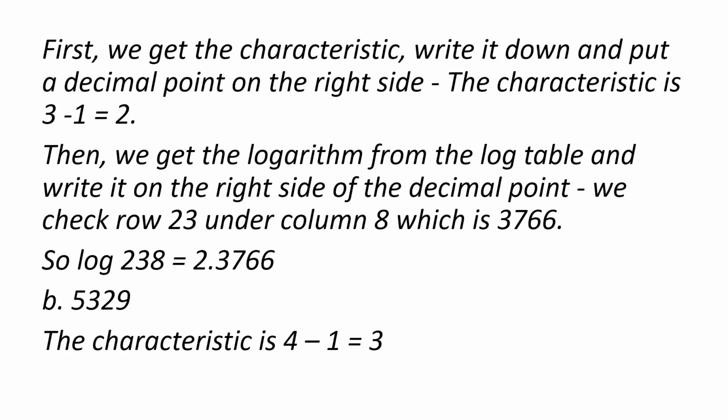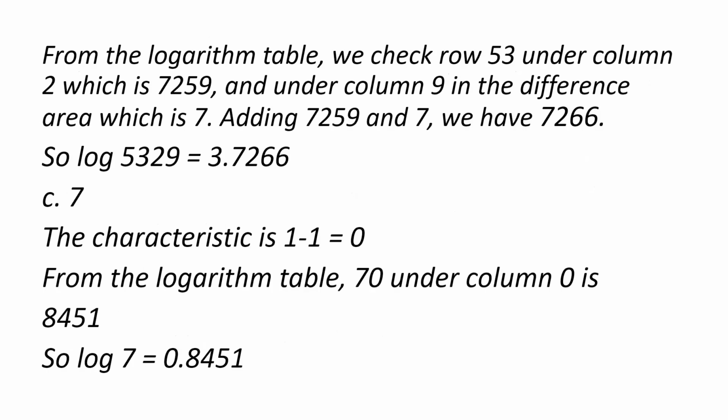That is, we check the log table for row 23 under column 8, which is 3766. So log 238 equals 2.3766. B. 5329. The characteristic is 4 minus 1 is equal to 3.